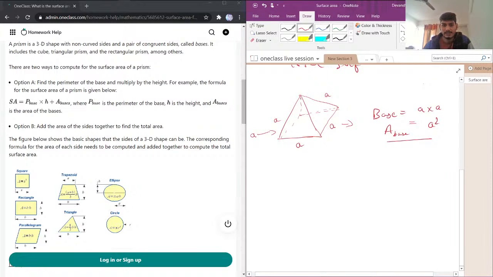Now for the sides, this is the slant height of this prism or the pyramid. We can also find the area of an equilateral triangle. So let me just confirm the area of an equilateral triangle.